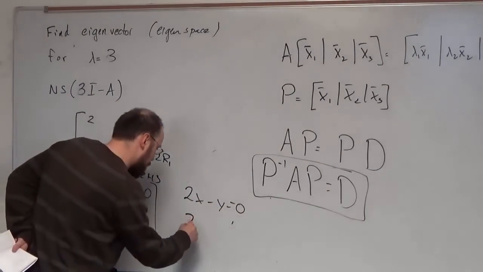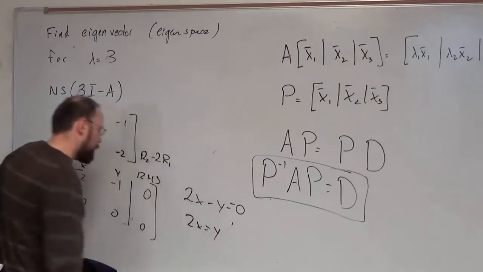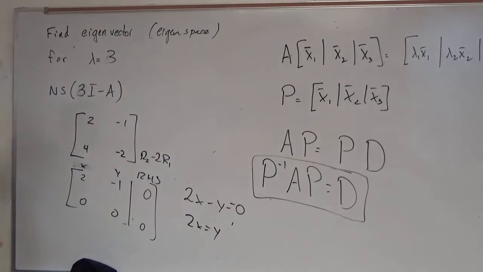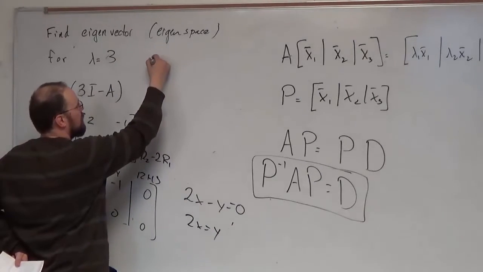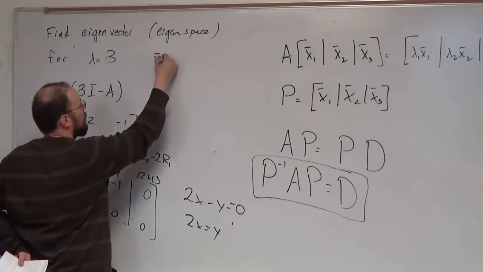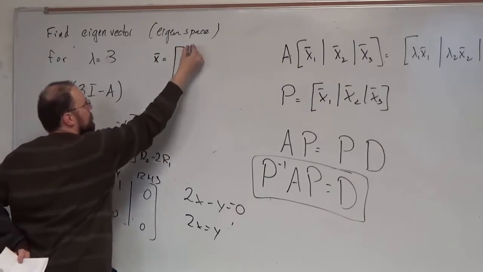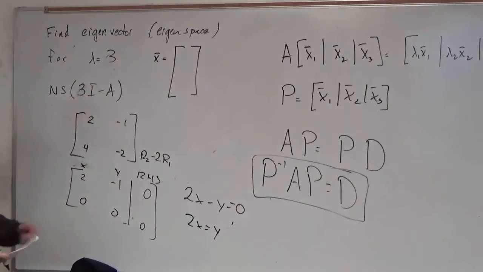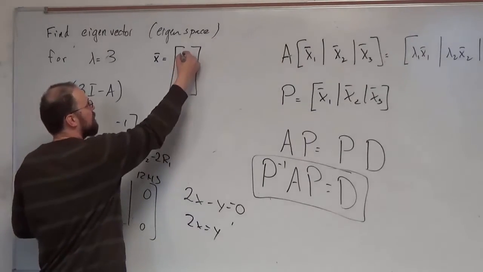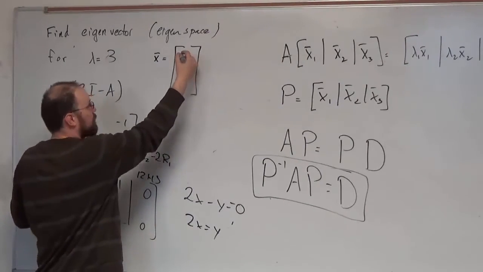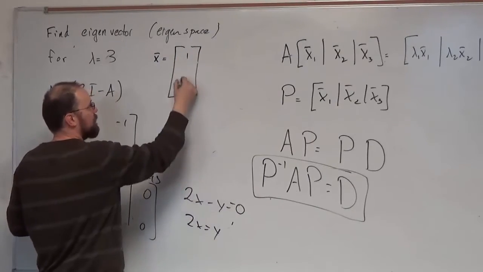So y is equal to 2x. Give me an example of an eigenvector. Well, it's the null space, so it has to satisfy this equation. So x could be 1, correct? Y would have to be 2.